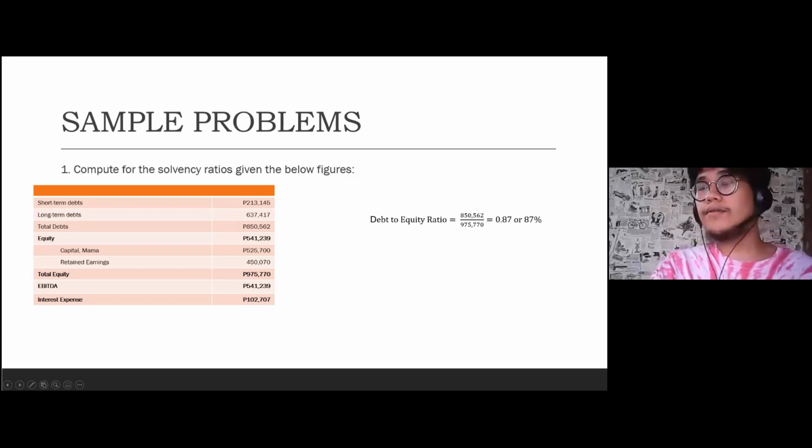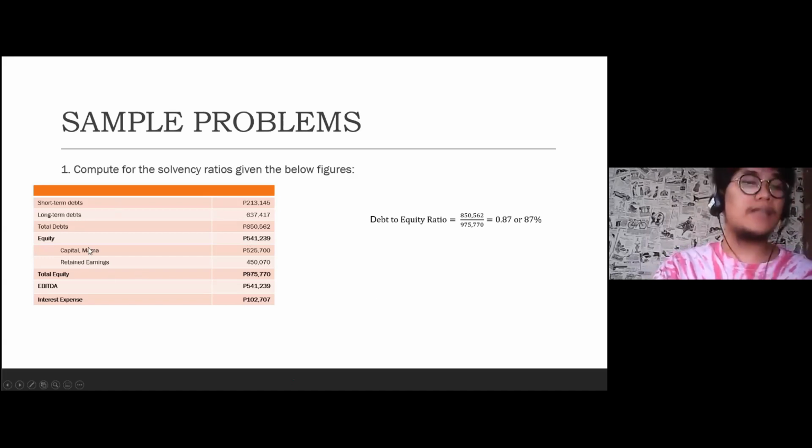Okay, so I cannot say that this is an ideal percentage. But by just seeing that your equity is greater than your total liabilities, I can say that this DE ratio is still acceptable. But ano nga yung sinabi natin?